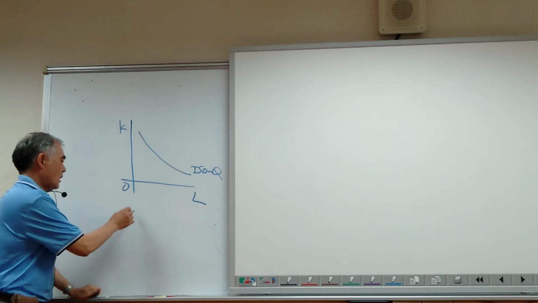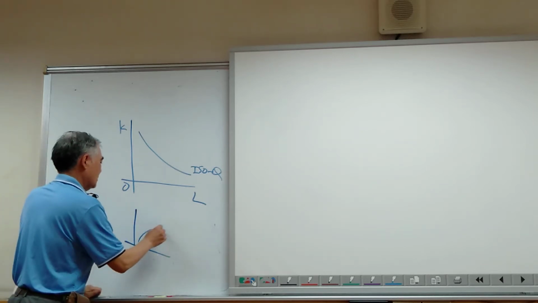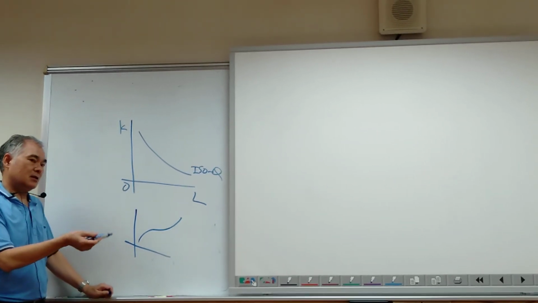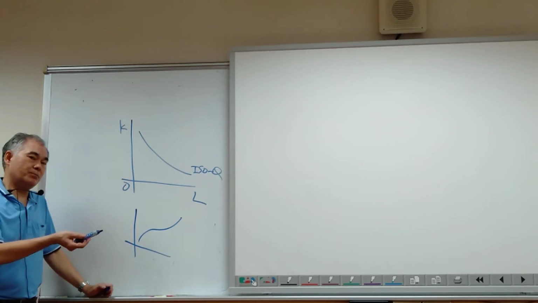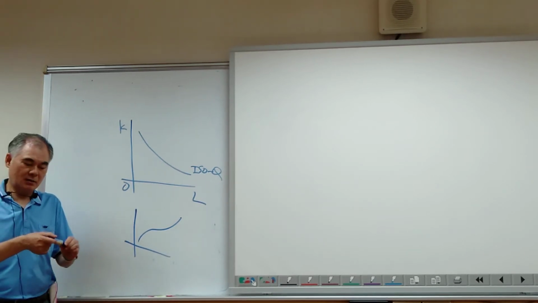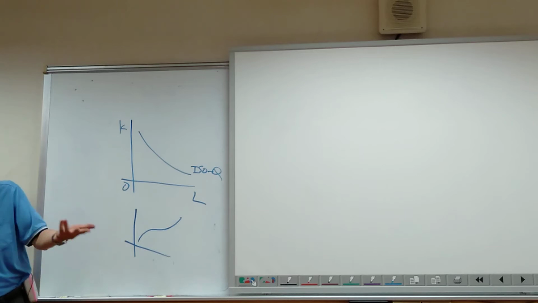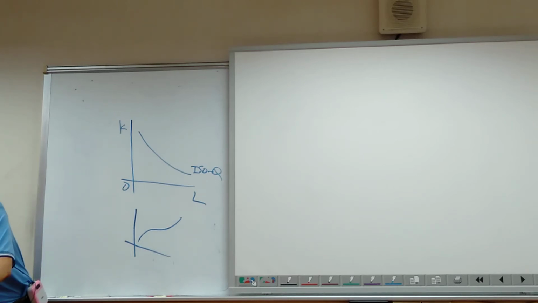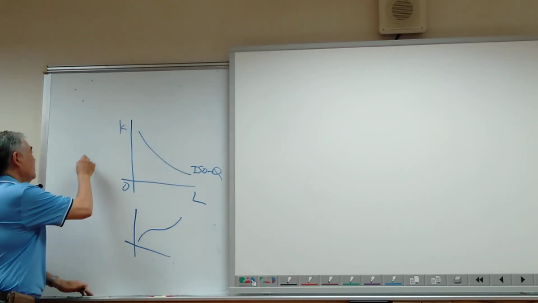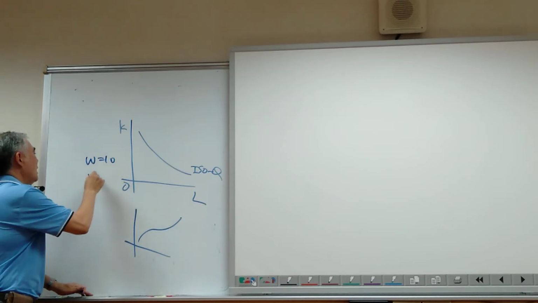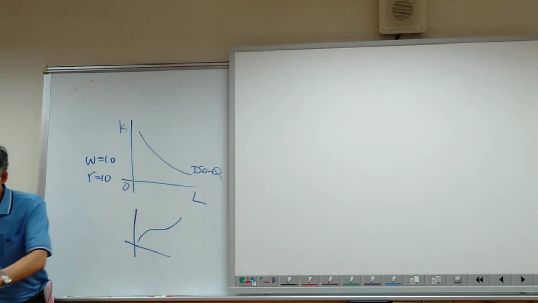And for the output expansion path, it can be constant, it can be variable. It depends on your assumption and how the situation is. But here you have W equals 10, R equals 10.